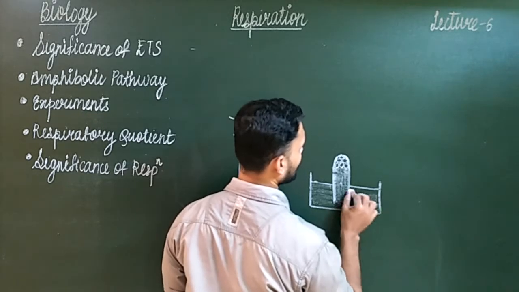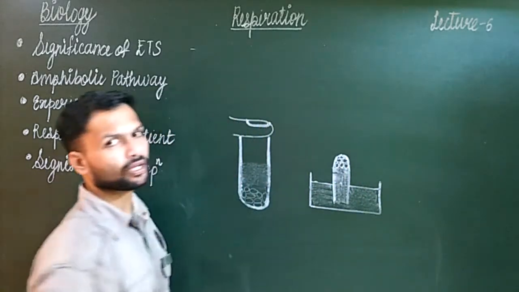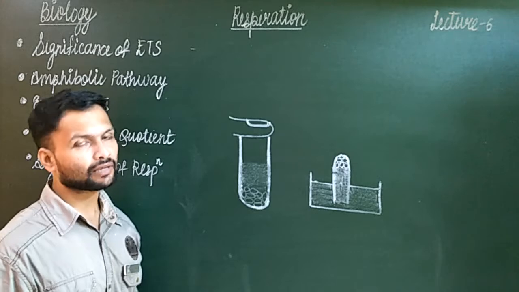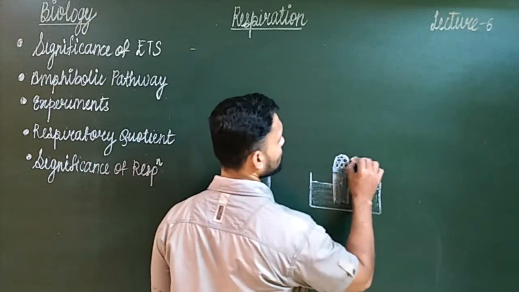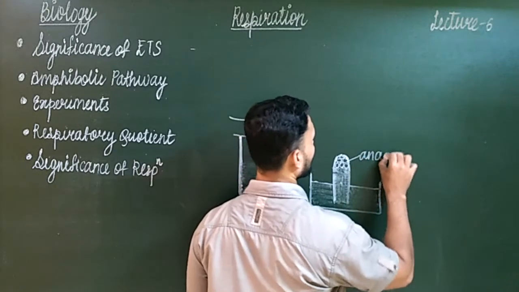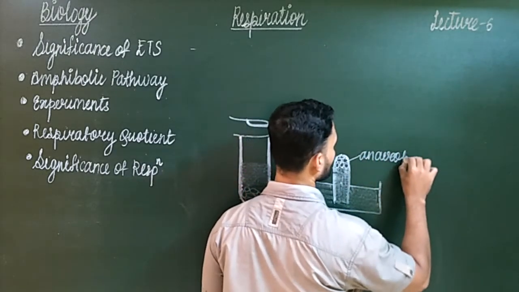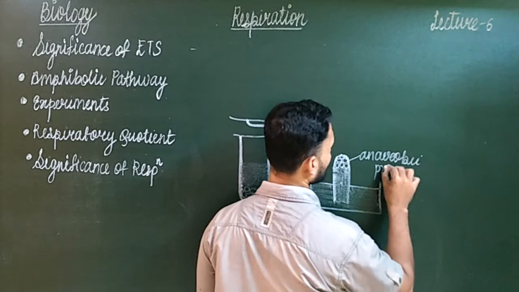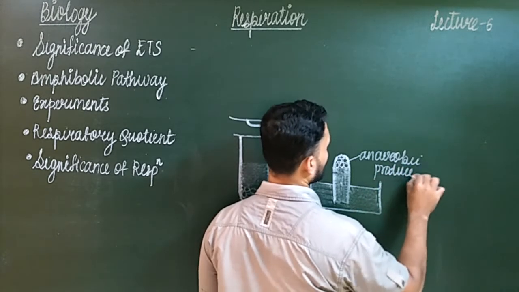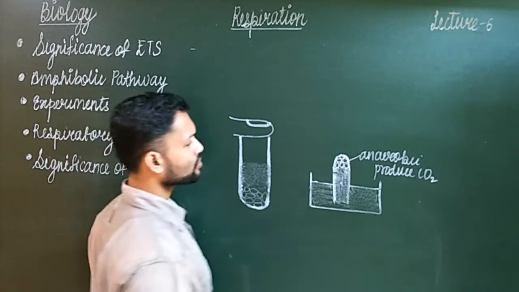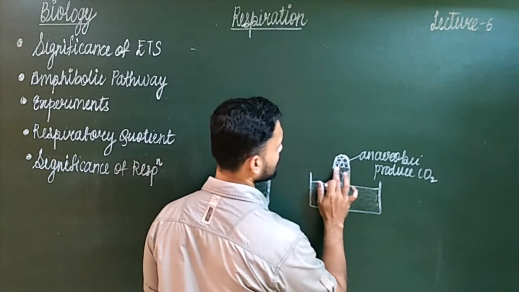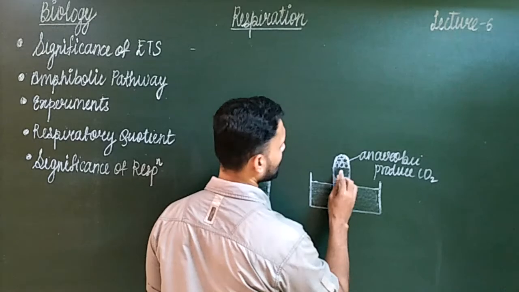Since there is no oxygen, no air over there, they will show anaerobic respiration. How is it proved? They will produce CO2. Every matter occupies space, so obviously that CO2 will push this mercury a little bit downwards.